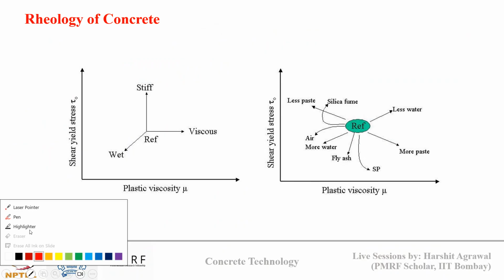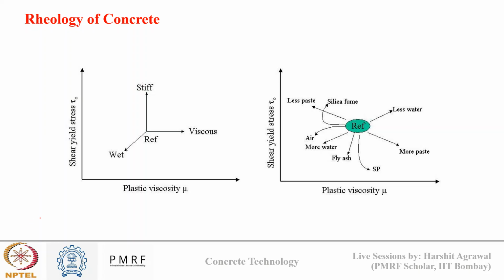Okay, so in the first figure we can see we have yield stress on the y-axis and viscosity on the x-axis. Suppose I have a reference case for which I know the yield stress and the viscosity. Compared to this control, if my concrete is more viscous, then for the same yield stress I will have higher viscosity.